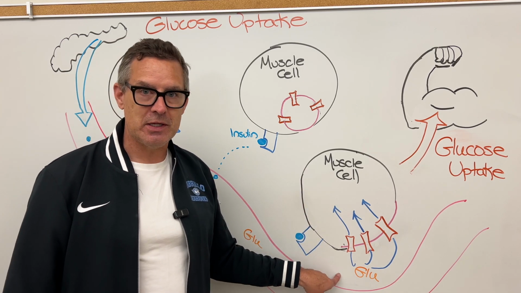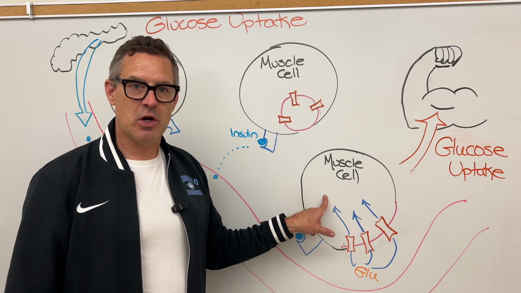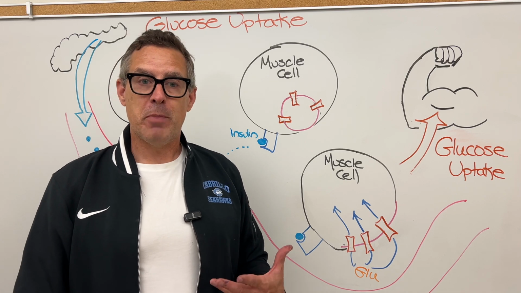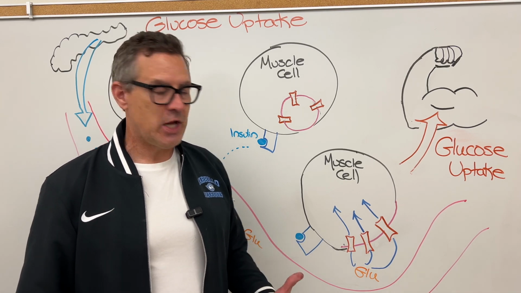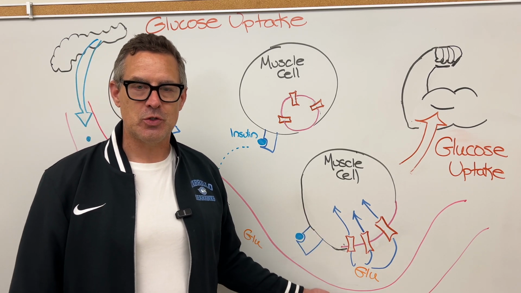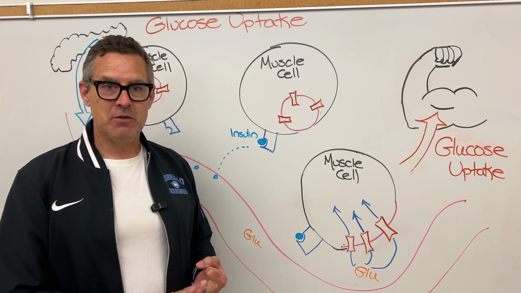Glucose is merely diffusing from an area of high concentration to an area of low concentration in the cell. Glucose is a polar molecule. All polar molecules require channels, and this is how insulin facilitates glucose uptake in muscle cells, fat cells, and liver cells, among others.